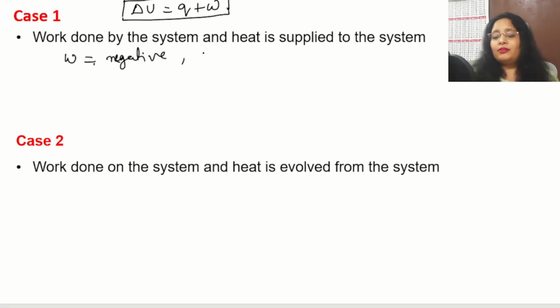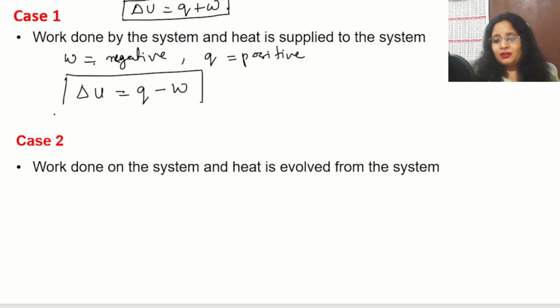And heat is supplied to the system, so Q will be positive because heat is supplied, which means gain in energy. So in that case, what will be delta U? Change in internal energy in this case will be Q minus W. This will be the expression for case 1.